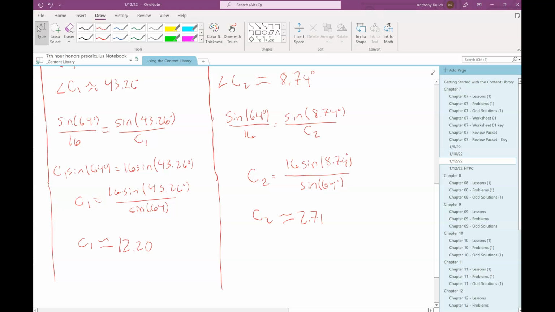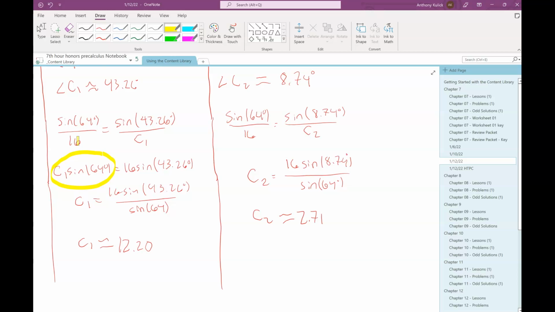Does that feel okay? Yeah, I'm just confused about when you divide by sine. I can divide by sine of a number, because sine of a number is just a number, right? Like here I have C1 times sine 64. Sine 64 is a decimal. It's the same thing as 0.794 times C1. So I can divide by 0.794.